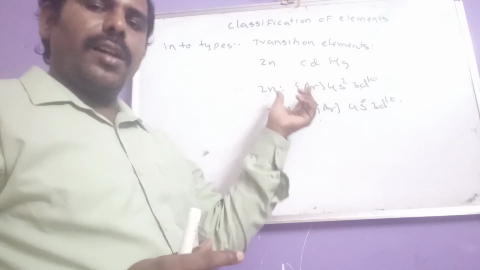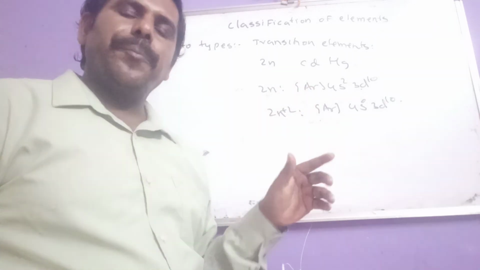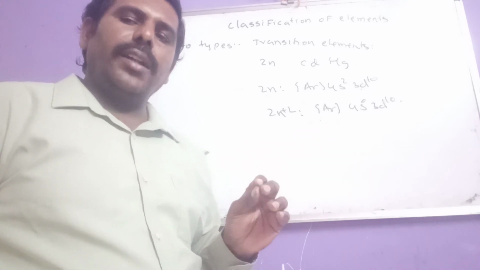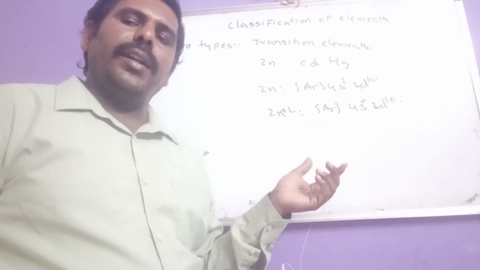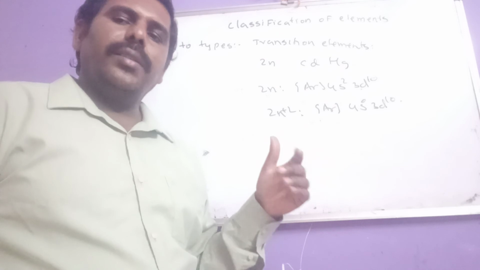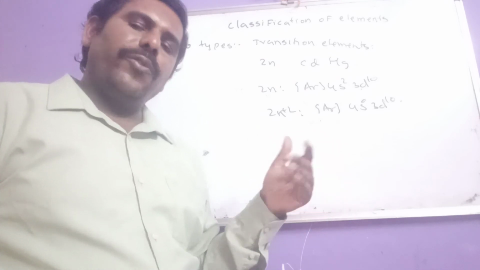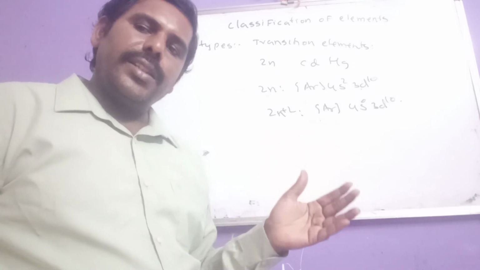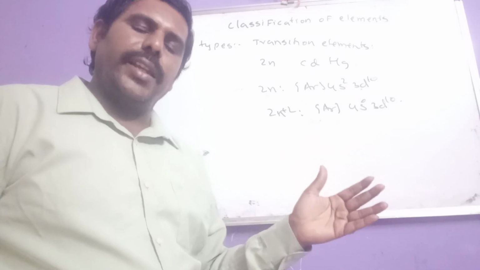These transition elements, due to the presence of unpaired electrons, have some characteristic properties. They exhibit different colors, they act as catalysts, they form different types of alloys, they form complex compounds, and they also form interstitial compounds. They exhibit variable oxidation states.